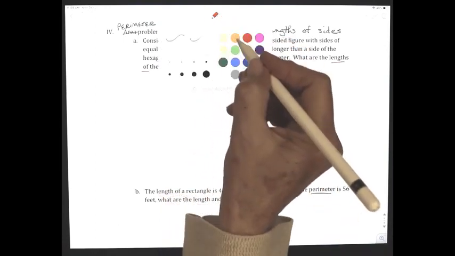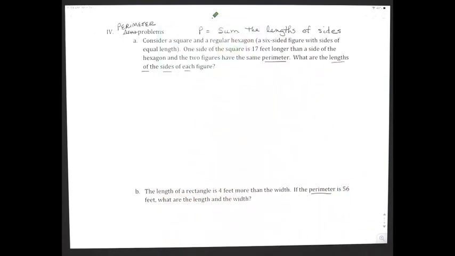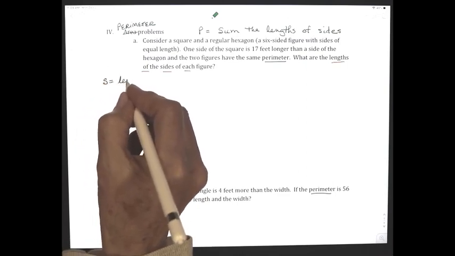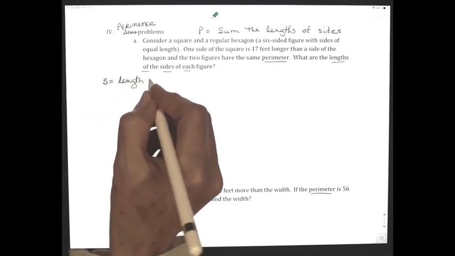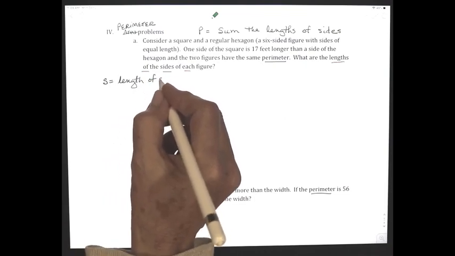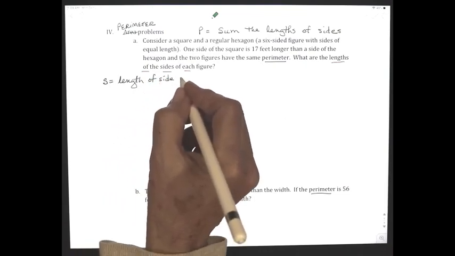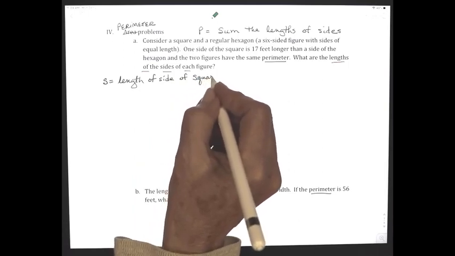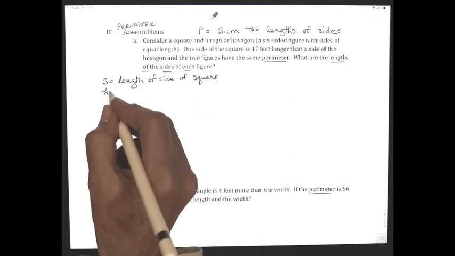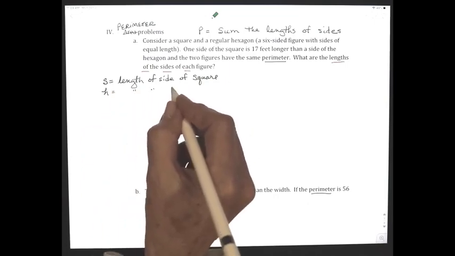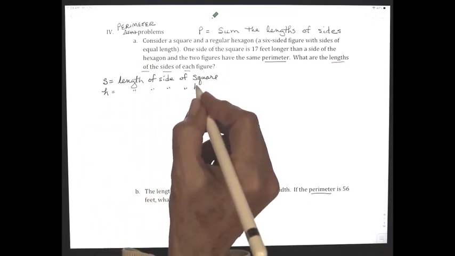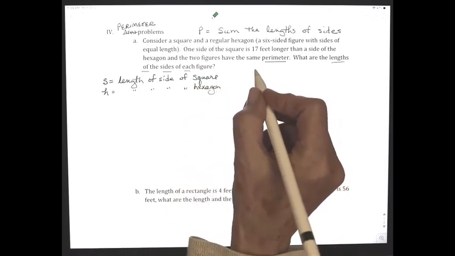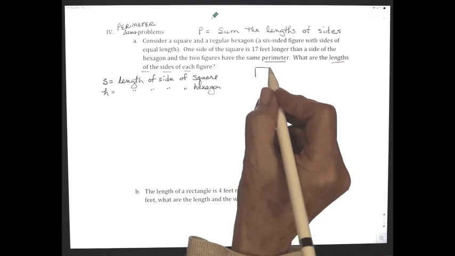And I think I will use S for the length of the side of a square. And I think I will use H for the length of a side of a hexagon. So let me do a little tiny sketch out here. Here's the square.